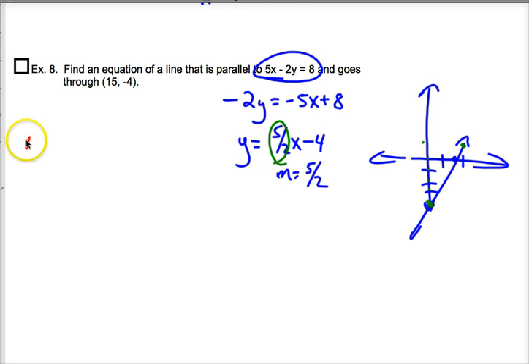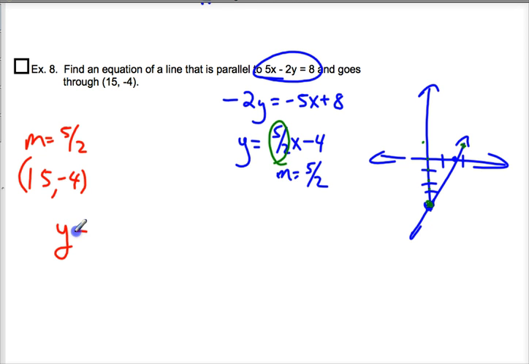So I'm going to use a slope of 5/2 along with the point 15, -4. Now I didn't specify what kind of equation I want here, so I'm just going to do point slope real quickly. Be aware that you might have to change that to slope intercept and then change that to standard form, but let's just put it in point slope form.